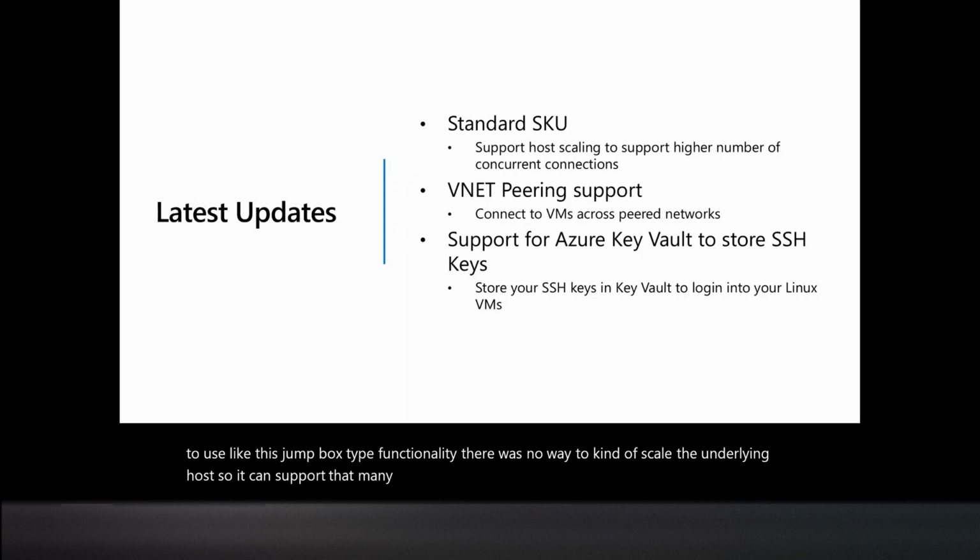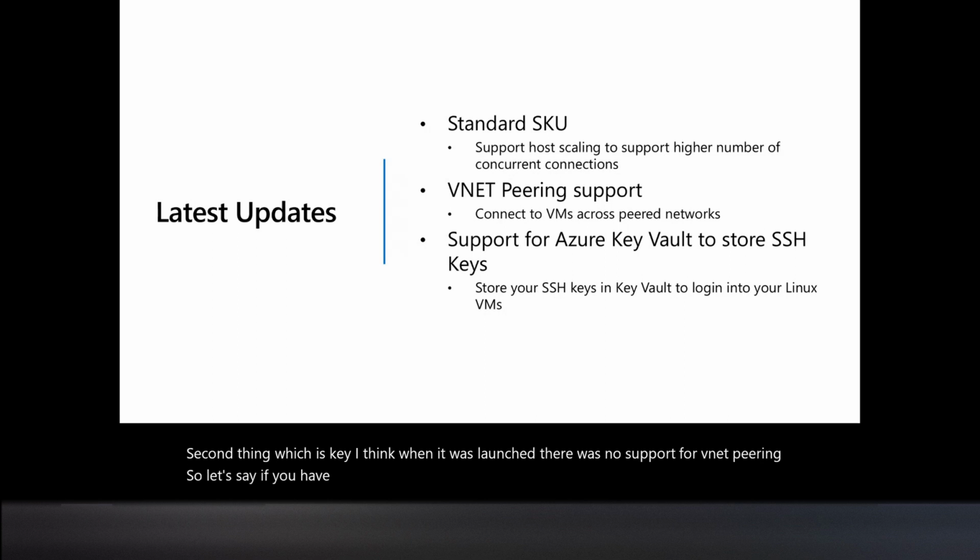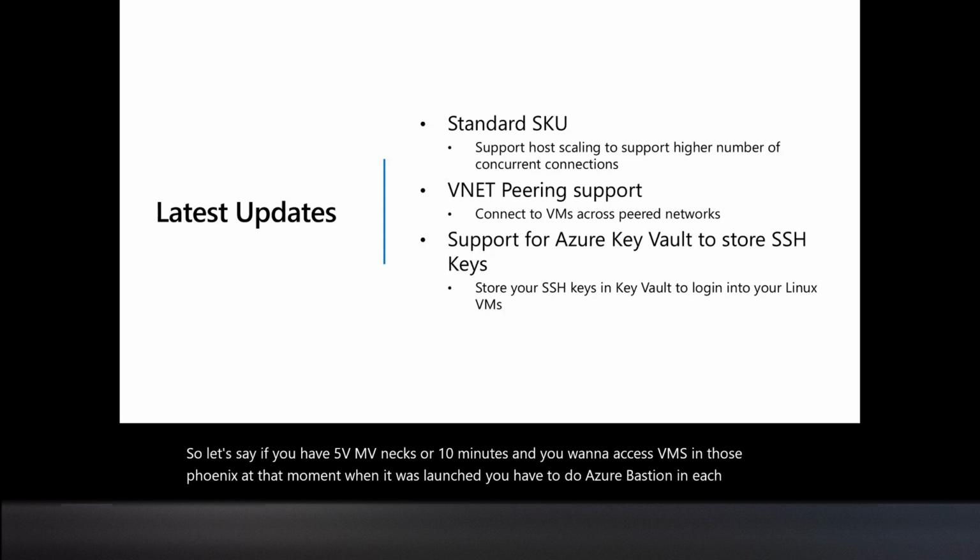Okay. Second thing, which is key: when it was launched, there was no support for VNet peering. So let's say you have 5 VNets or 10 VNets, and you want to access VMs in those VNets. When it was launched, you had to deploy Azure Bastion in each VNet. Not anymore.